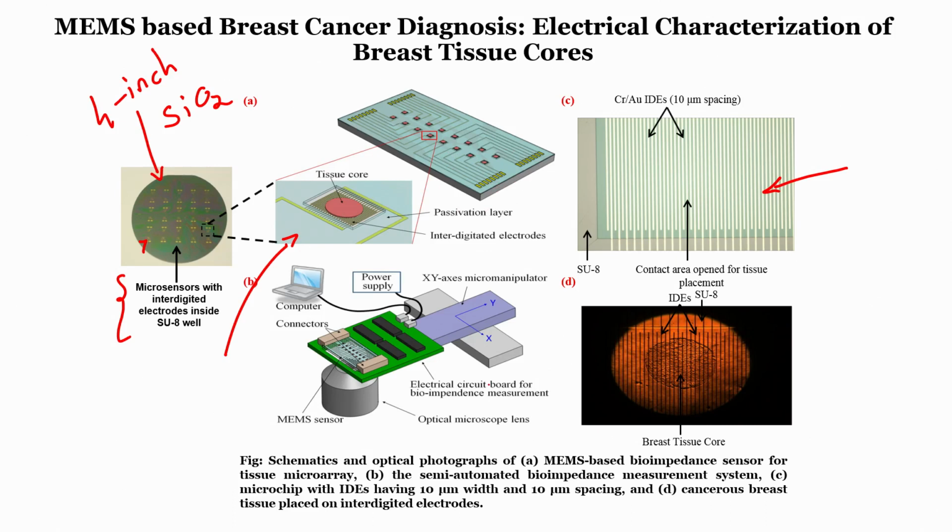We will be measuring the impedance or the resistance, the electrical property, of the tissue when you place the tissue on the interdigitated electrodes. Now, if you see here, each electrode has 10 micron spacing and the width is also 10 micron. Width and spacing is 10 micron. What I mean by width and spacing is, you see these kinds of lines, like interdigitated, like these lines are there.